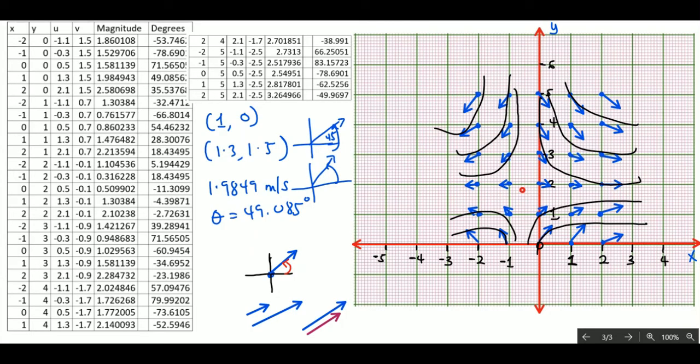To describe the flow, we are going to say that the flow enters from the top and the bottom, and then spreads to the left and the right side, around the horizontal line that passes through the stagnation point.